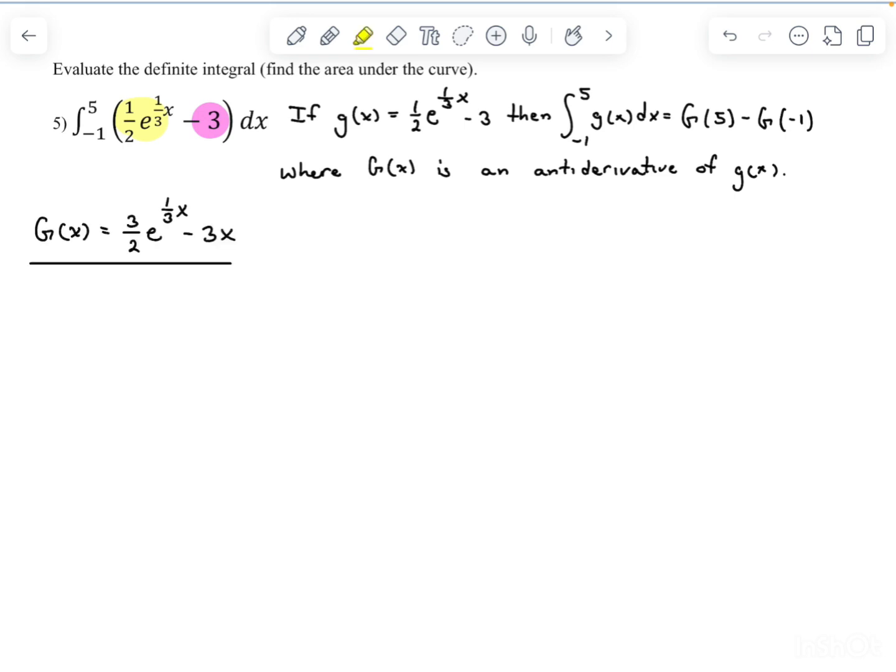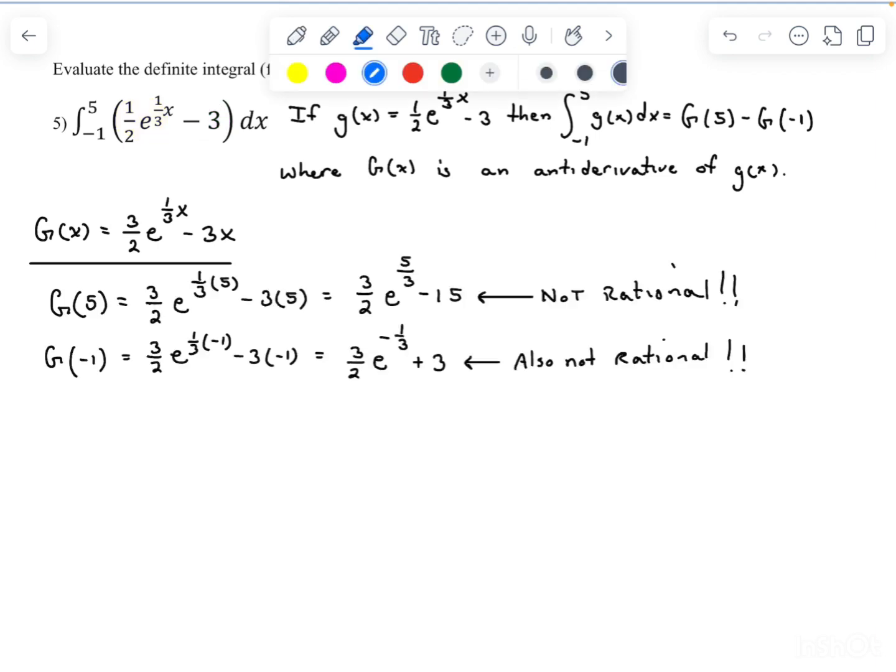After applying both of the rules, we will have an antiderivative capital G of x is equal to 3/2 e raised to the 1/3 times x power minus 3x. Now we will evaluate the antiderivative when x is equal to 5 and x is equal to -1. When x is equal to 5, the antiderivative equals 3/2 e raised to the 5/3 power minus 15.